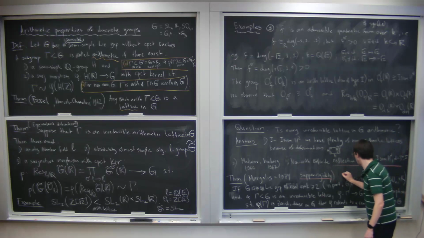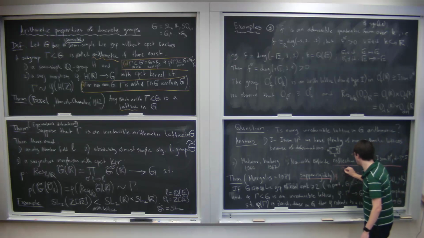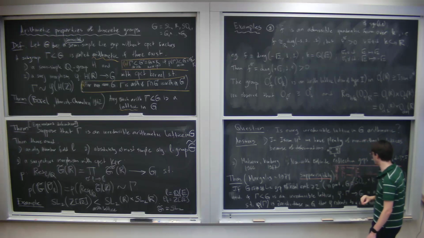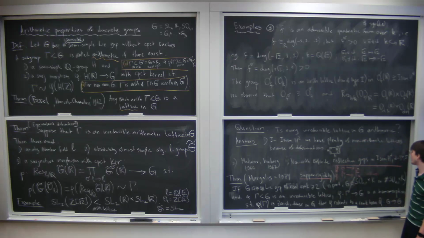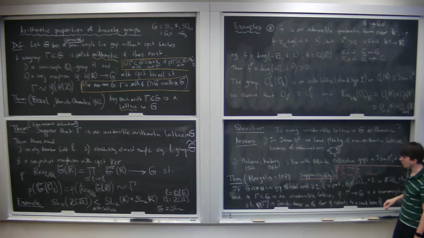So if you have gamma 1, gamma 2, the lattices, then it extends to phi from G to G, and these are inclusions as lattices, right? And this is a continuous homomorphism.